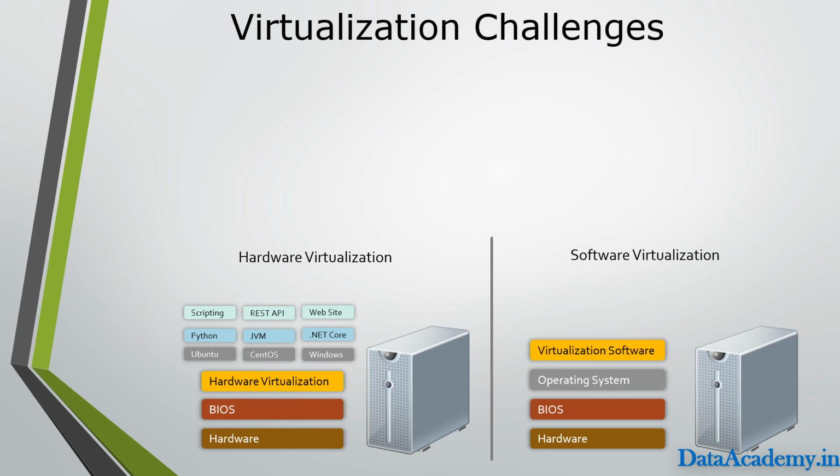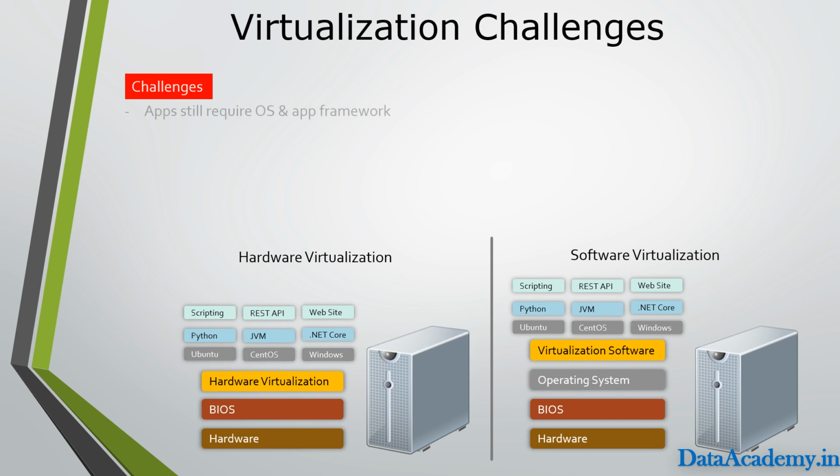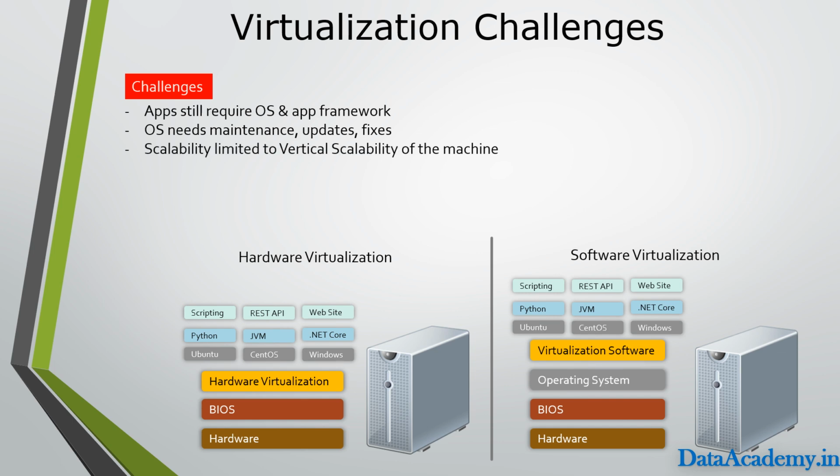So in this slide, we will look at some of the common challenges between both hardware and software virtualization. As I said, the applications still require an operating system and an application framework. The operating systems, whether they are Windows or Linux, need maintenance, updates, and fixes, right? So there's a lot of maintenance to be done. And also the scalability is limited to the vertical scalability of the machine. Right?